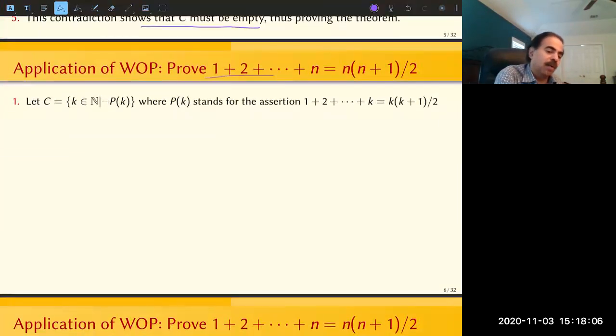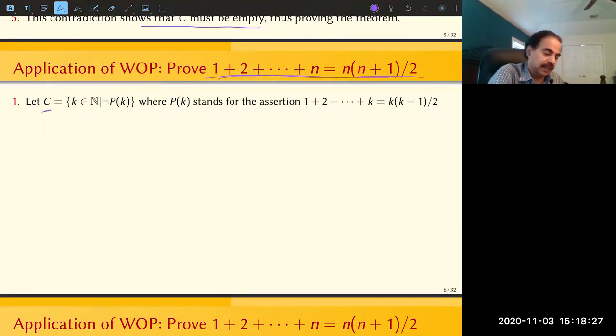So we have the same old theorem that we want to prove: the summation up to n is given by n times n plus 1 divided by 2. The counterexamples are the set of numbers that don't obey this formula.